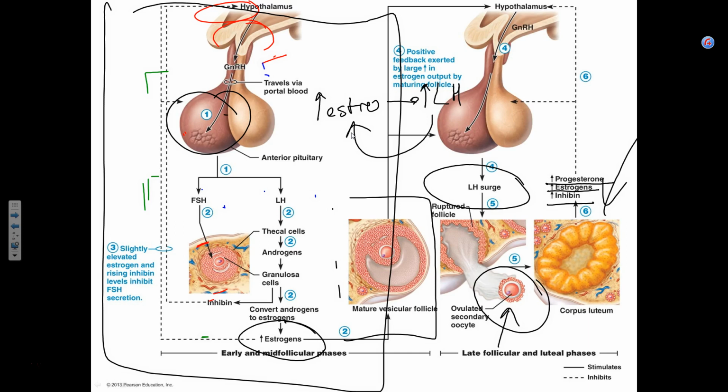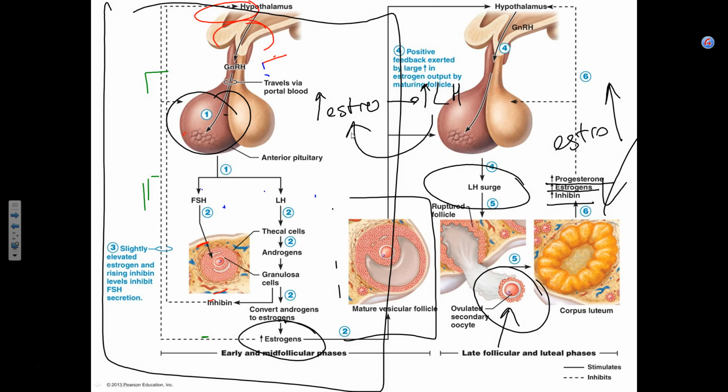Now, guess what feedback loop is re-established after the ovulation is over? Negative feedback. Now, corpus luteum, here's the deal. I'm going to focus on estrogen specifically because it's probably the most powerful. It produces a lot of estrogen. Now we have negative feedback, right?